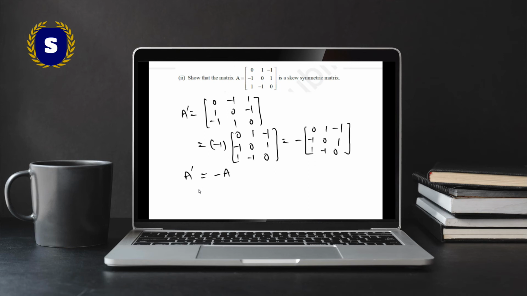Such a matrix is called a skew symmetric matrix. Therefore, A is a skew symmetric matrix. Let's jump to the next question.